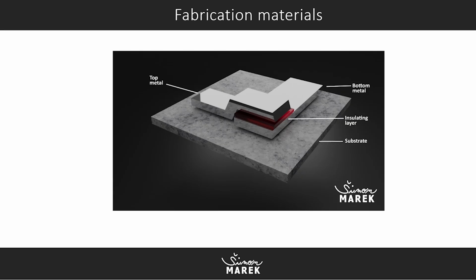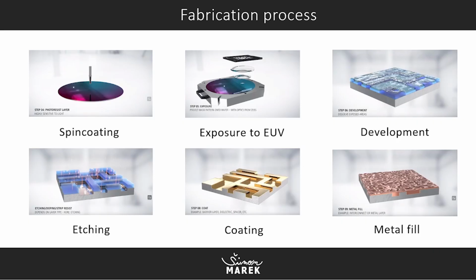We have top metal, bottom metal, insulating layer, and substrate. For substrate, we usually use silicon or sapphire. For metal, we use aluminum, tantalum, niobium, and for the insulating barrier, we typically use aluminum oxide. So this is our model of the Josephson junction.